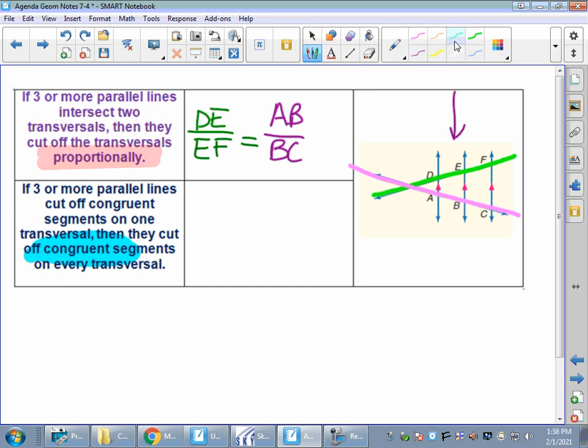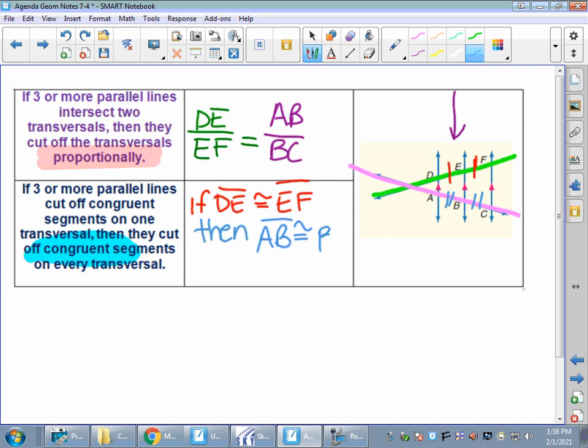So what this is saying is if DE is congruent to EF, so let's say I just give you congruent dashes on those two, then that means these two guys have to be equal to each other. Not necessarily the same as DE and EF, but AB has to be congruent to BC. So an equation, not a proportion.